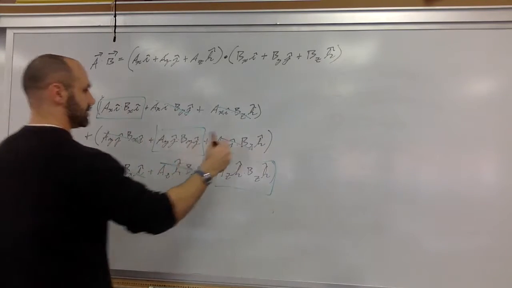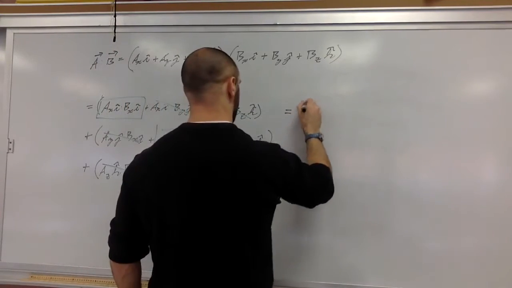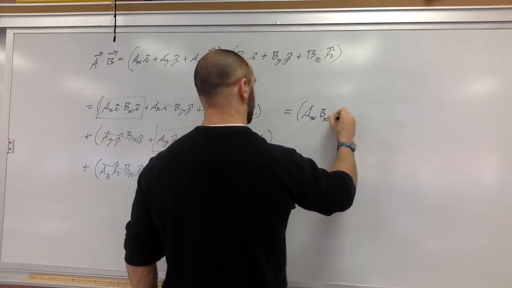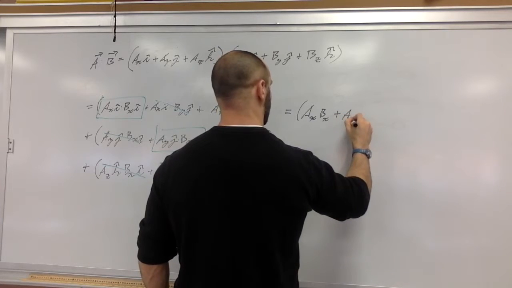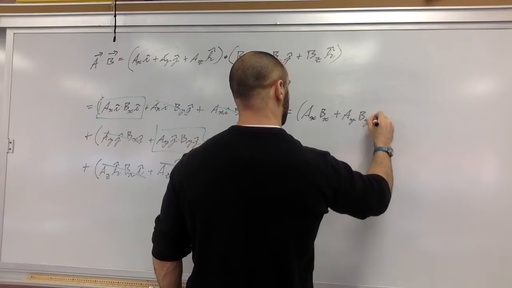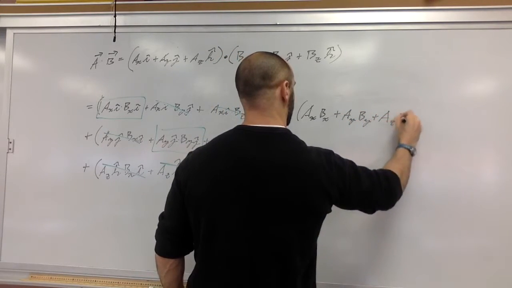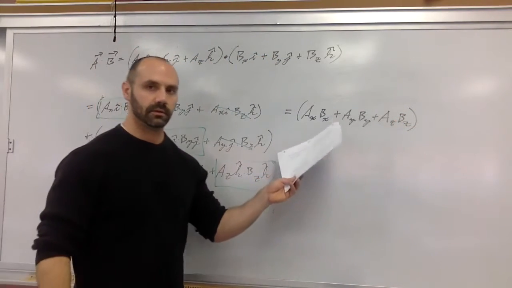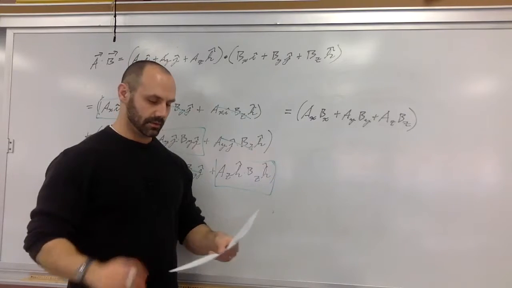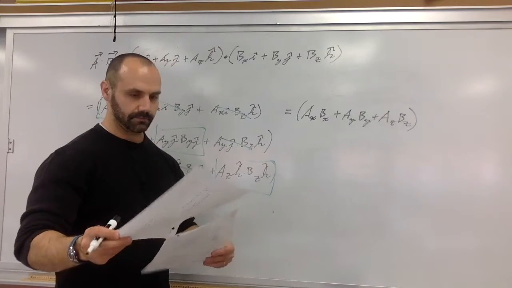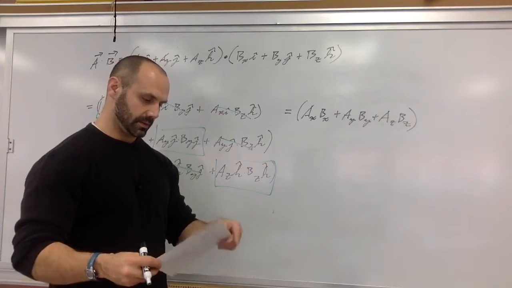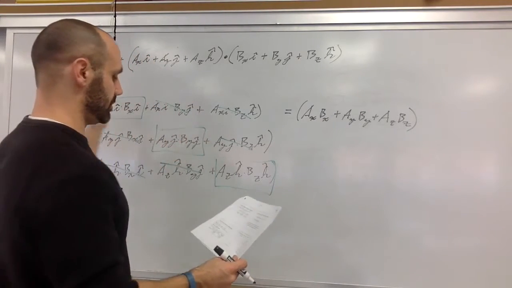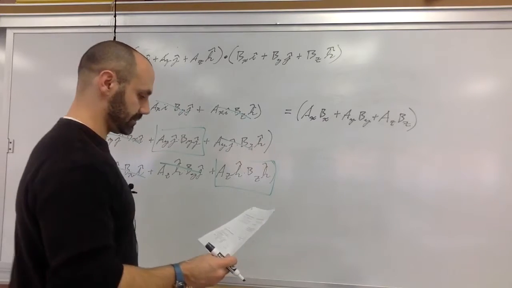And so we can simplify this whole thing to just be the product of the x components plus the product of the y components plus the product of the z components. That's it. So this is our second definition for the dot product. You should have something like this in your packet. So now we've got two definitions of dot product here.